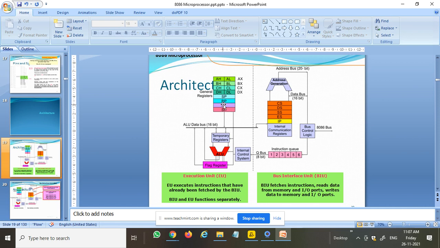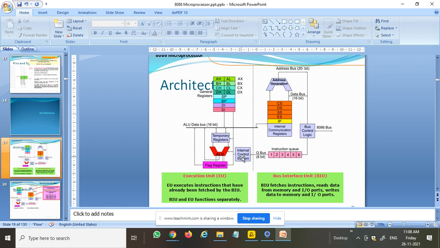The ALU data bus is 16-bit, and there is also the flag register. In 8085 there are only 5 flags, but in 8086 the total number of flags is 9.